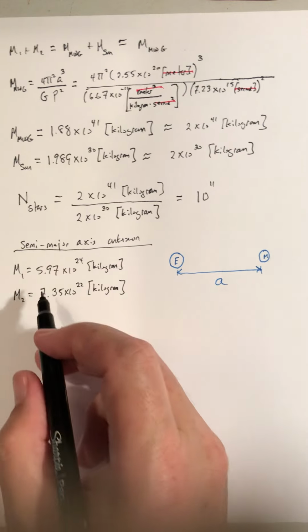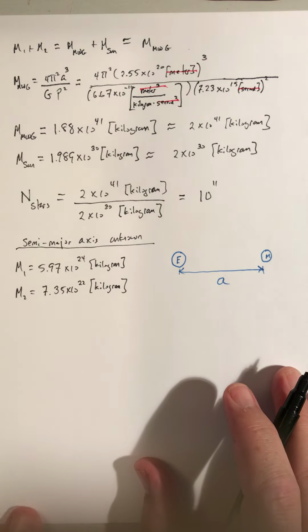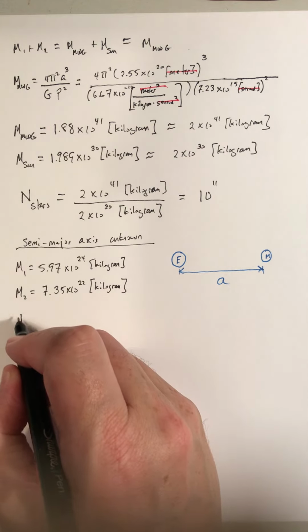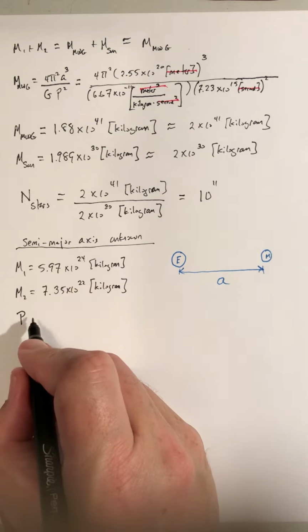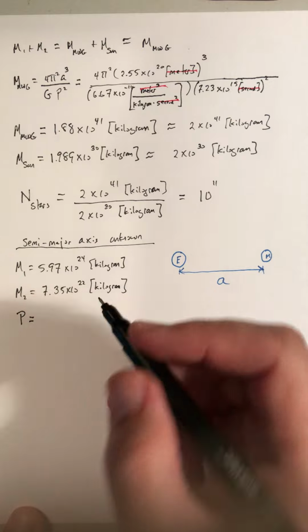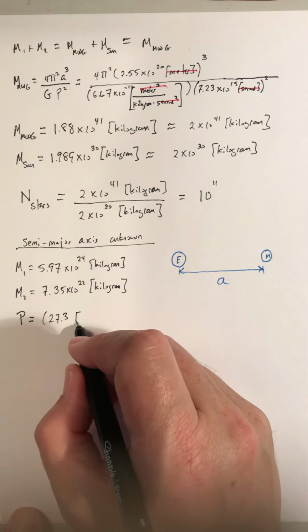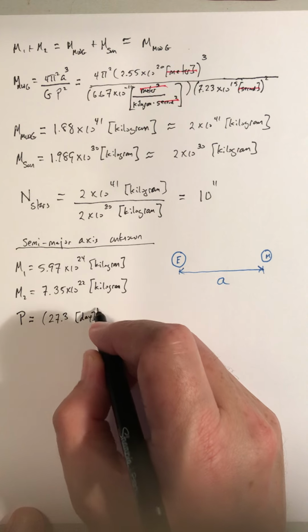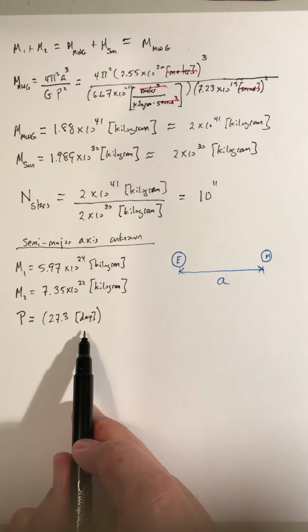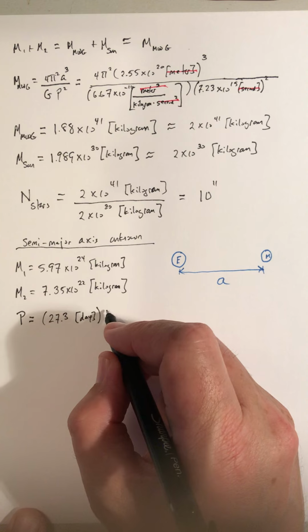So if I picked M1 to be Earth, then M2 has to be the Moon. And then the period of the Moon relative to the background stars is 27.3 days, which that's not in seconds, so we're going to have to convert that.